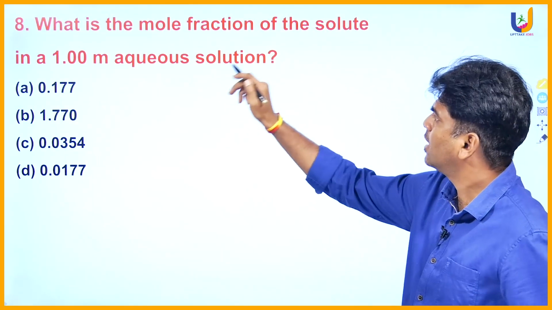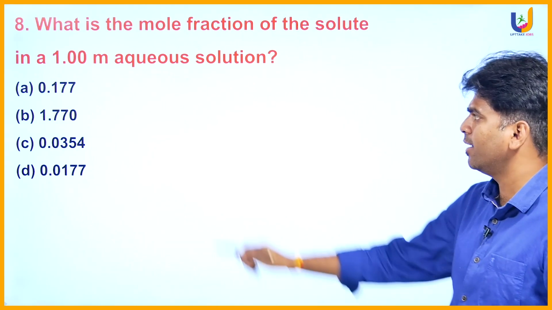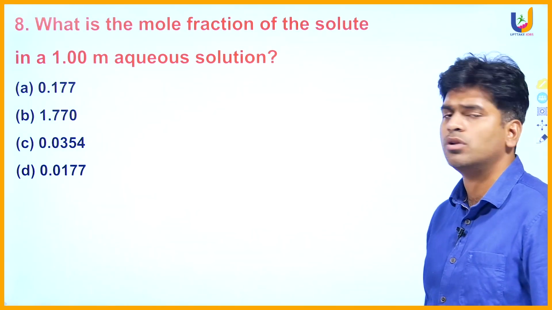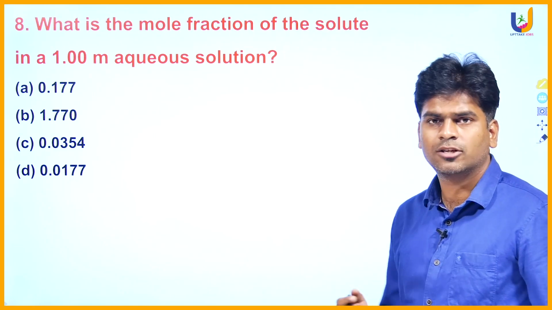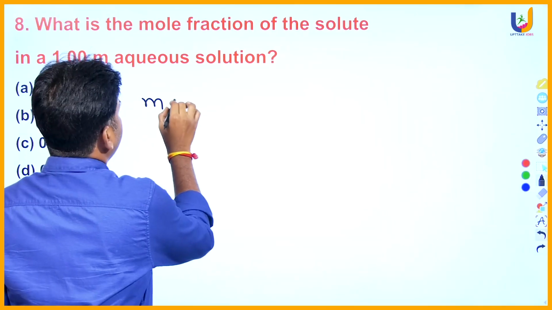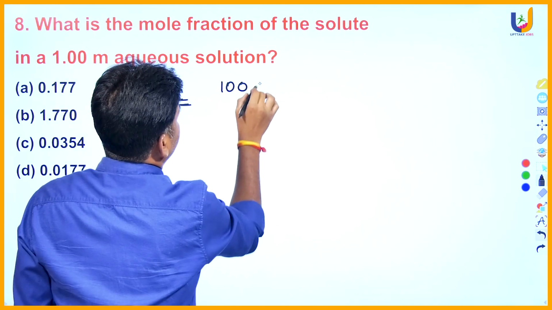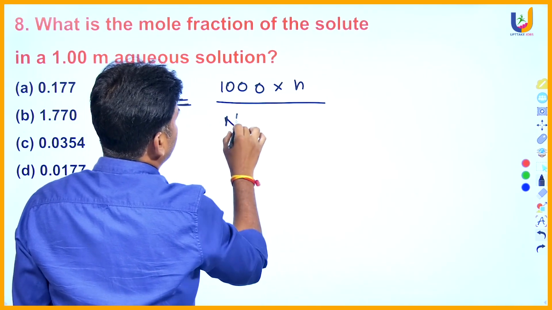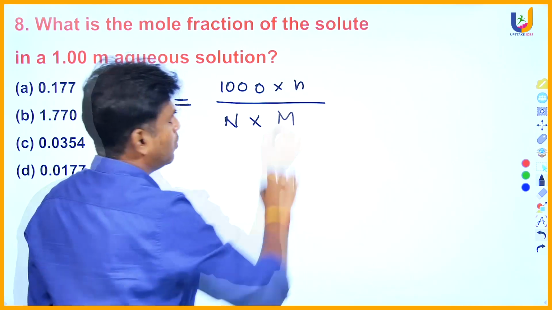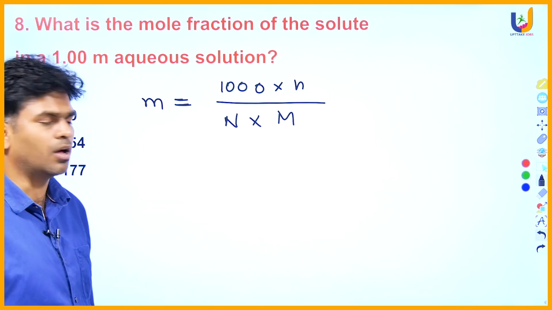Next, what is the mole fraction of a solute in a 1.00 molal aqueous solution? Mole fraction. First you see the molality and mole fraction relation formula here. Molality m equals 1000 into the number of moles of solute divided by the number of moles of solvent into the molar mass of solvent.